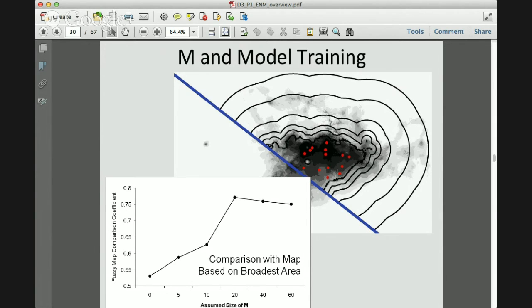And down near 0.5 is that they're very different. And these are different sizes of M compared to a model calibrated across the whole rectangle. And what I want you to see is that they're not very similar. They're down in the range of 0.5 or 0.6. So right away we see the size of the calibration area makes a difference.